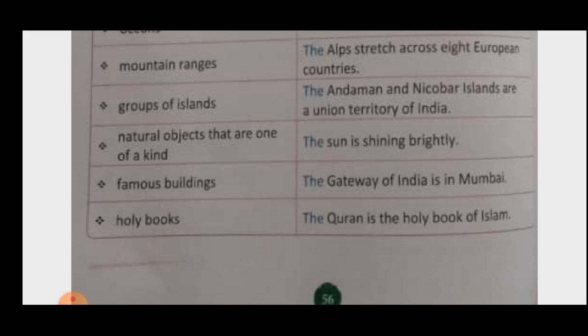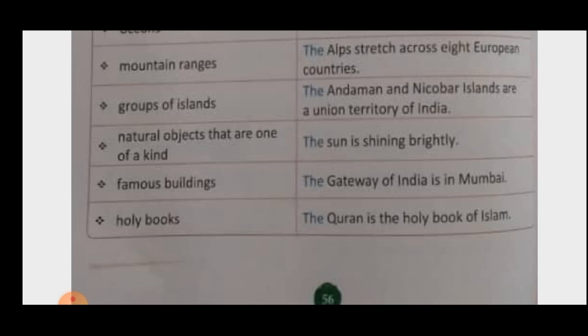So finally what we concluded, that if a specific thing is talked about or an importance is being given to something, to a particular noun, whether it is singular or plural, there we have to use the.